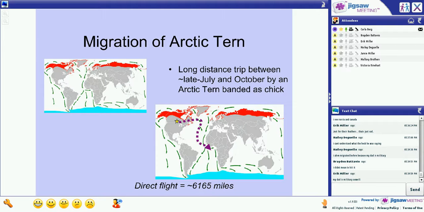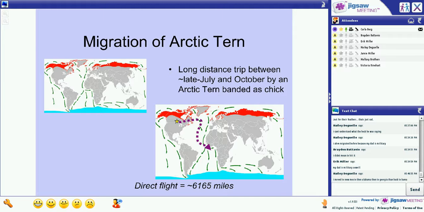So let's take a look at the migration of the Arctic tern. The Arctic tern likes to take long distance trips.